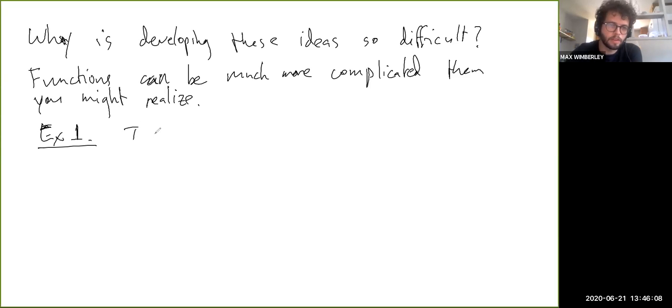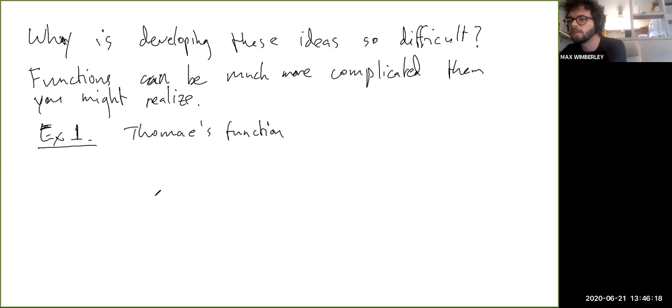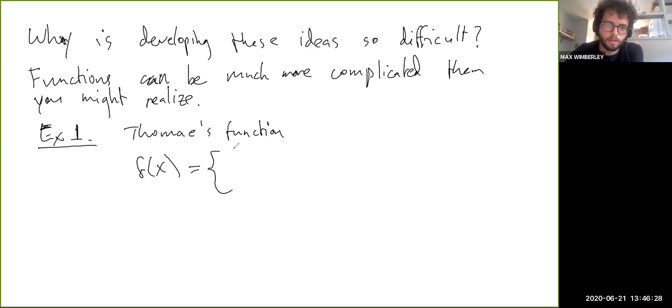It's called Thomae's function, and you can look this up. It has a Wikipedia page and everything. Thomae's function is defined by this rule: f of x for an arbitrary real input x equals either 1 over q or 0.